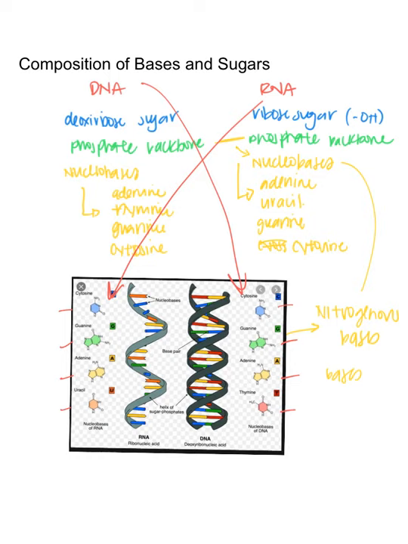However, know that uracil is still a pyrimidine. Just because it has a slightly different structure than thymine, it is still a pyrimidine, which means that it will only form 2 bonds with adenine.